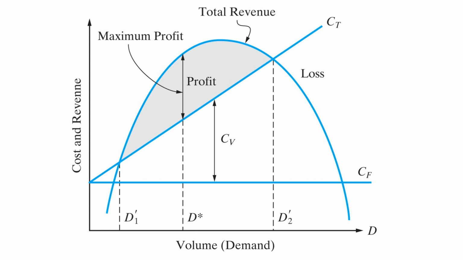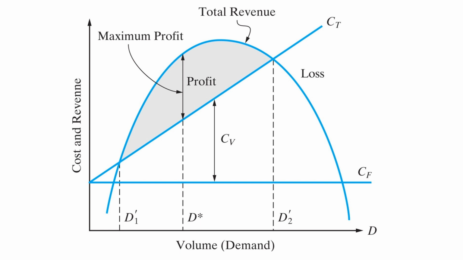If you made less than D prime 1, you've got some revenue, but the revenue isn't enough to cover your costs. So you've got to make enough revenue to cover not only the fixed cost, but also the variable costs. D prime 1 is where finally our revenue is above the costs and we're in the range of profit. If I move further to the right, I've got more profit.